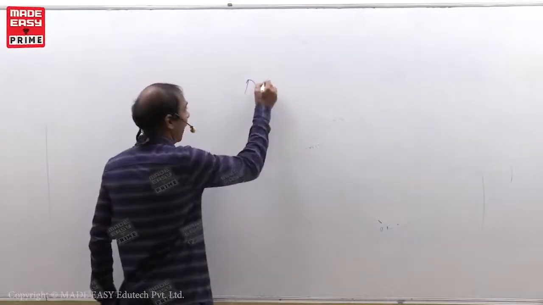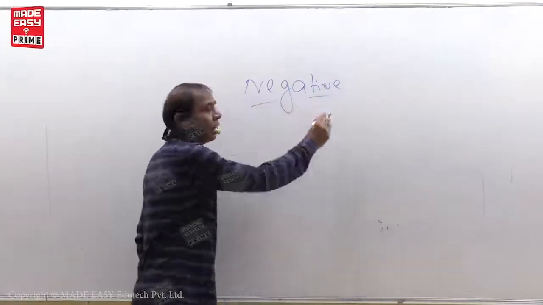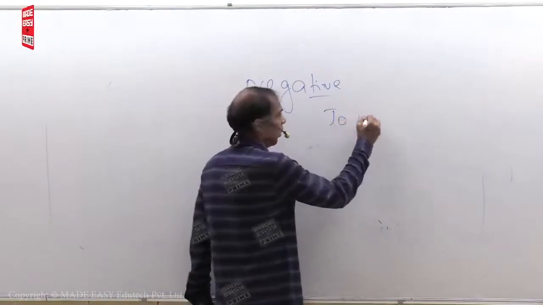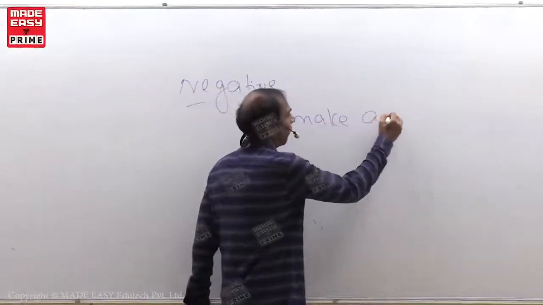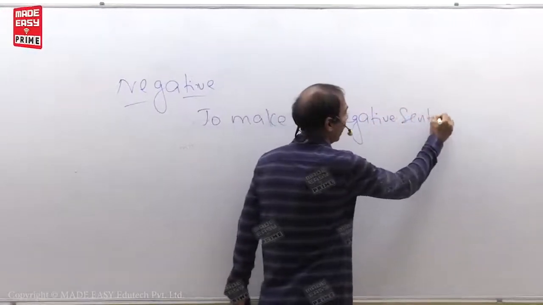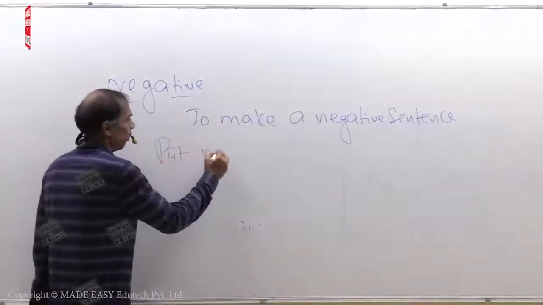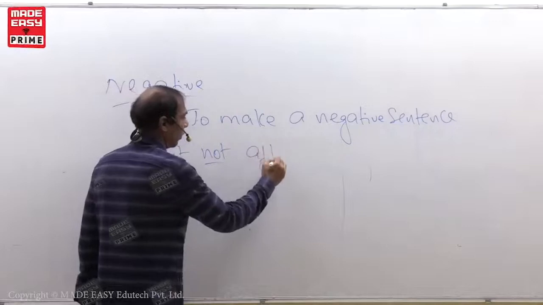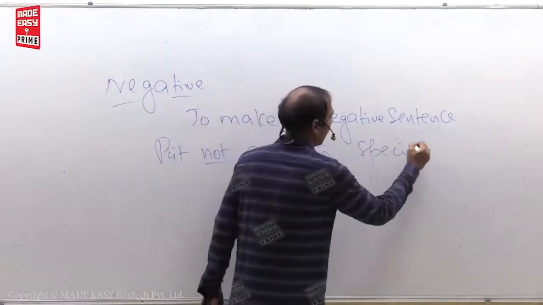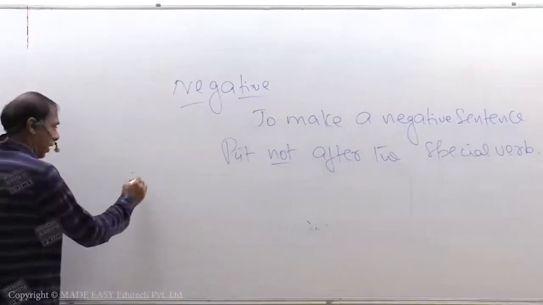See, negative. First, negative. What is negative? See, to make a negative sentence, put not after the special verb. Next, interrogative.